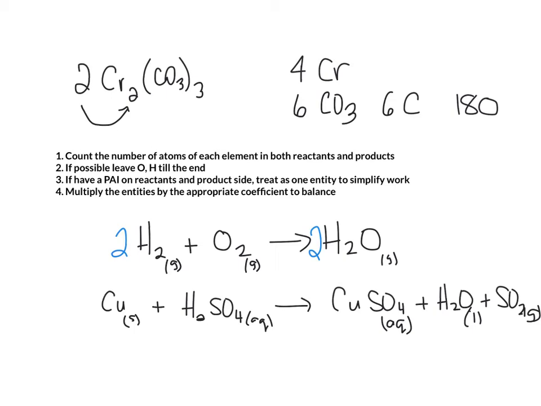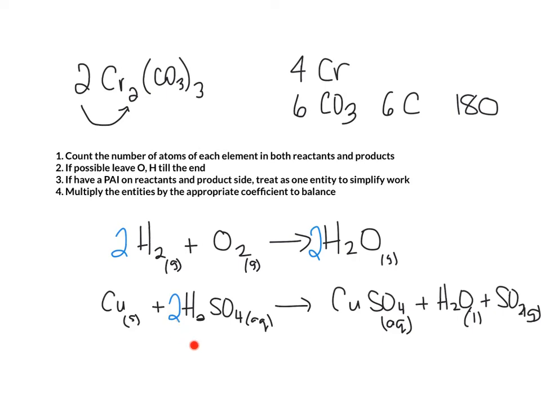So we're going to put a coefficient of 2 in front of sulfuric acid. So now we have 2 sulfurs on the left, 2 times 1, we have 2 here and here. Okay, so now let's look at oxygen.